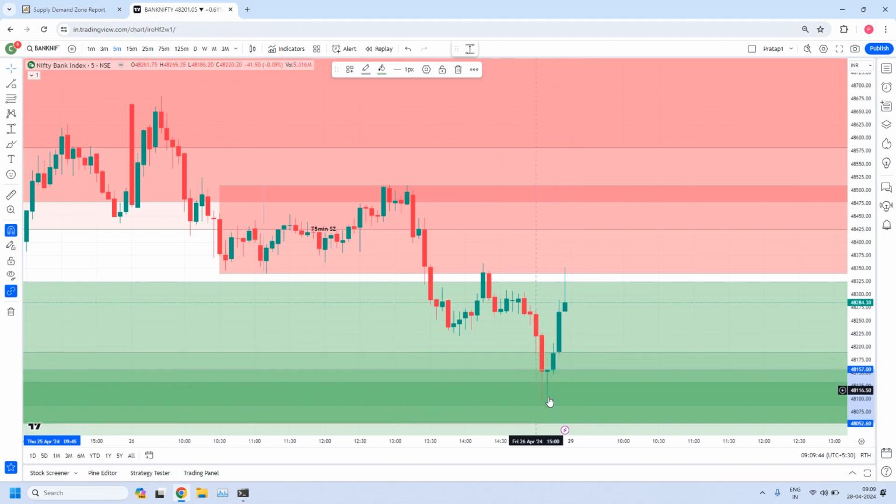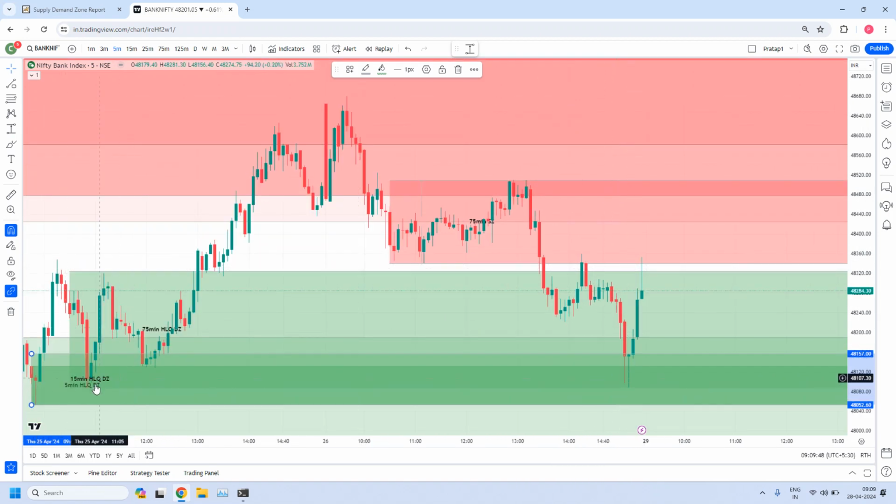See again, this is a low priority high liquidity zone, which is part of this 15 minutes high liquidity zone.